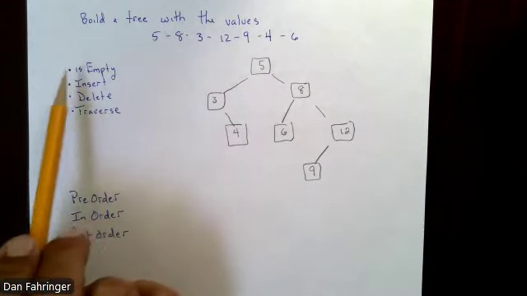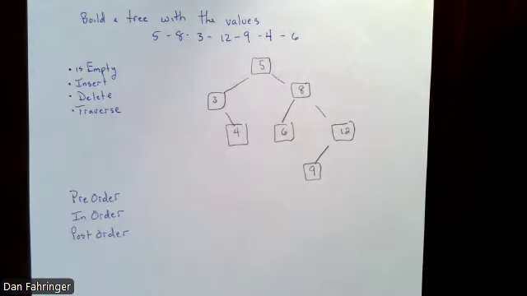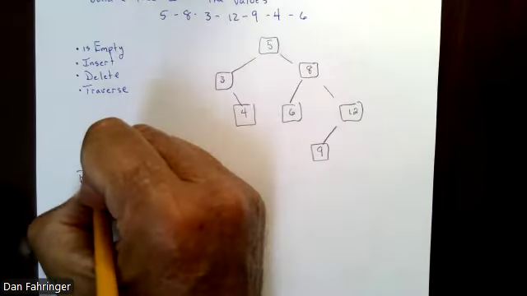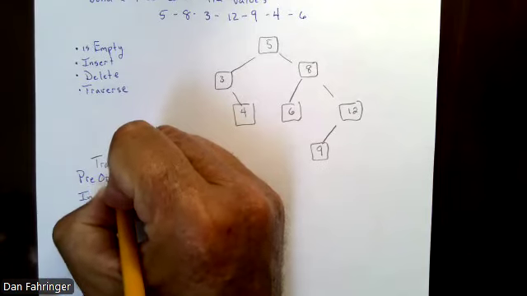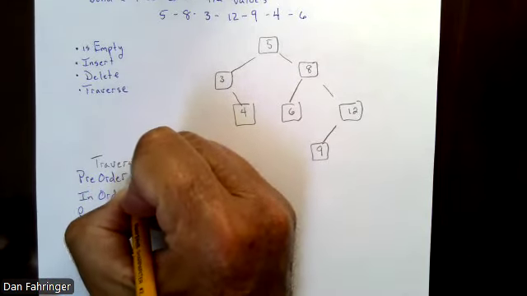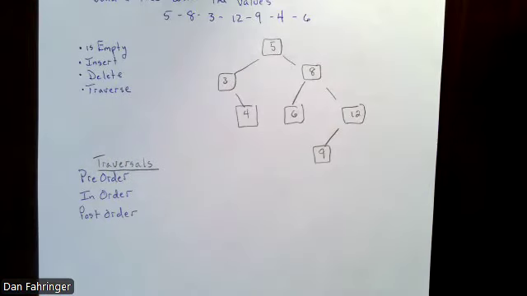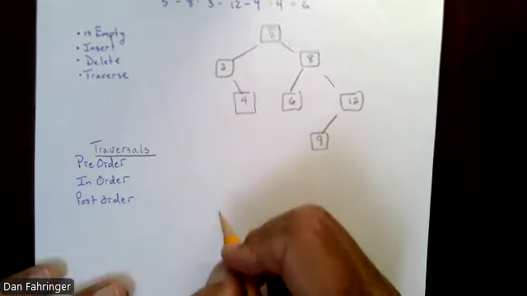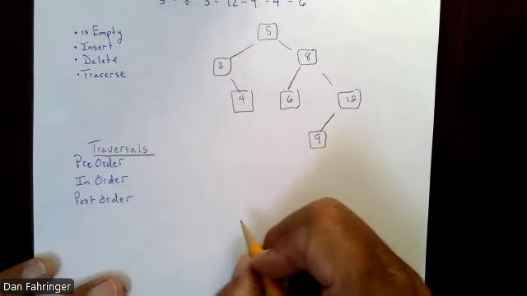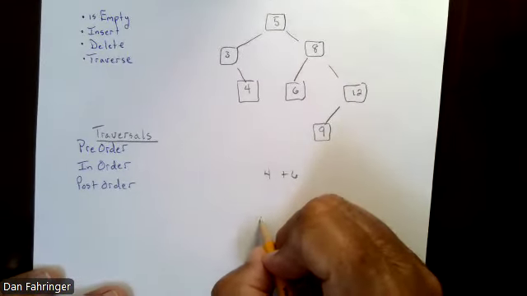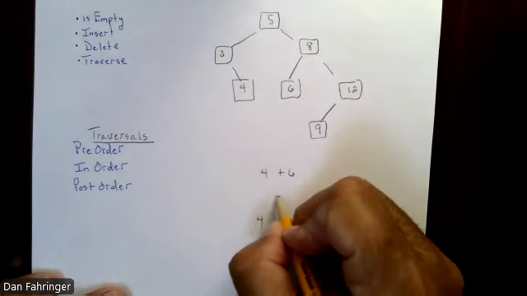Okay. Well, I'm going to jump down and take a look at traversal. We've already done traversals. And as soon as I write pre-order, in order, and post order, you're going, yep, I kind of remember those. And I don't. So I'm going to go back to 4 plus 6.